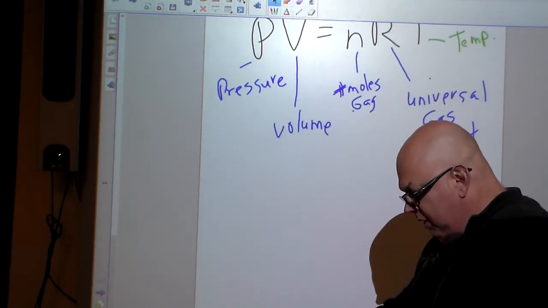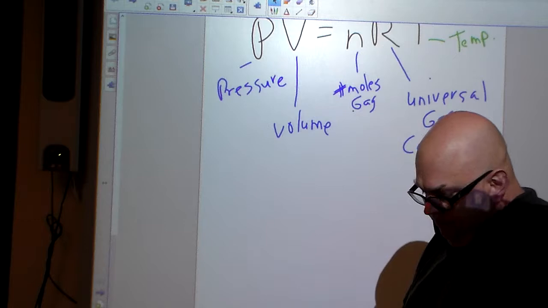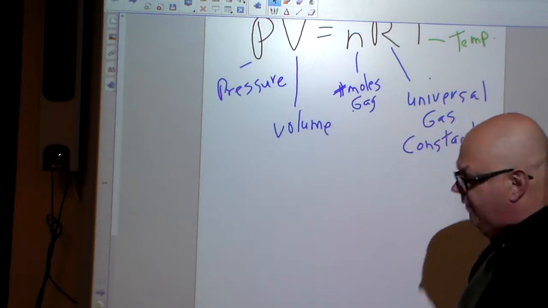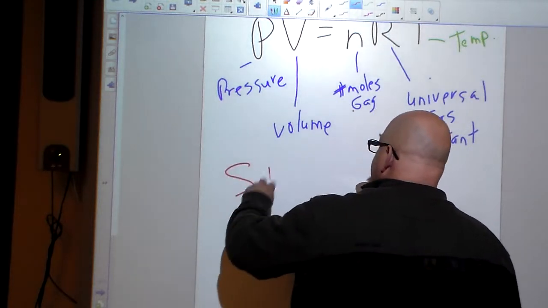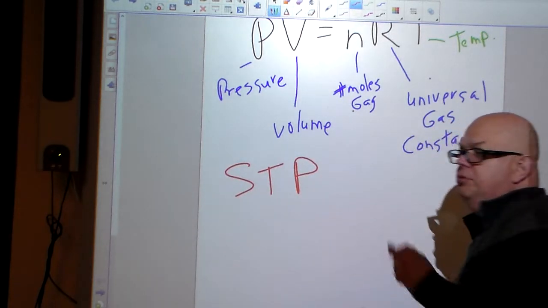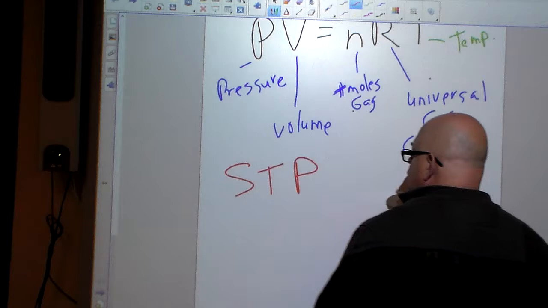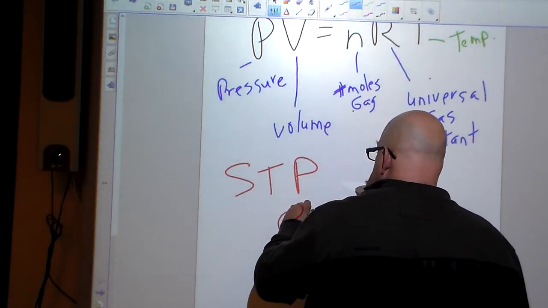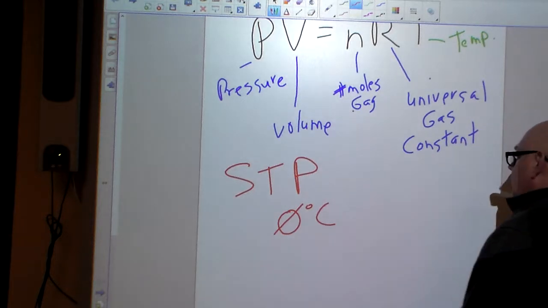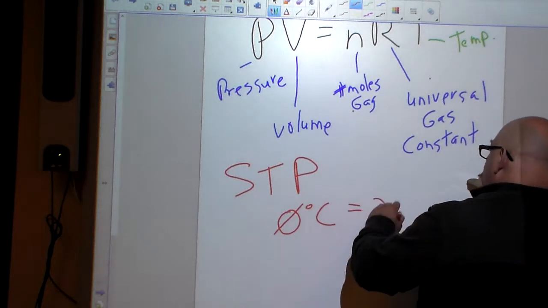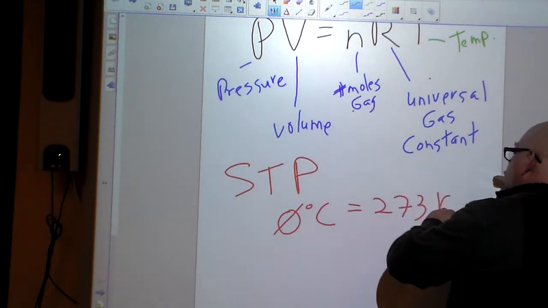So with that, moving on, we also talked about the idea of STP, standard temperature pressure. With standard temperature pressure, 0 degrees Celsius is our standard temperature. That is also equal to 273 Kelvin.